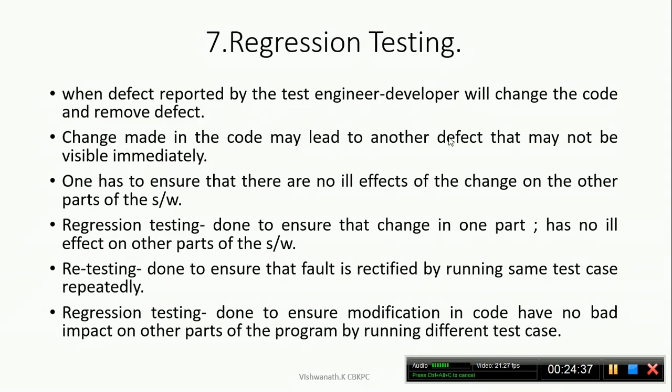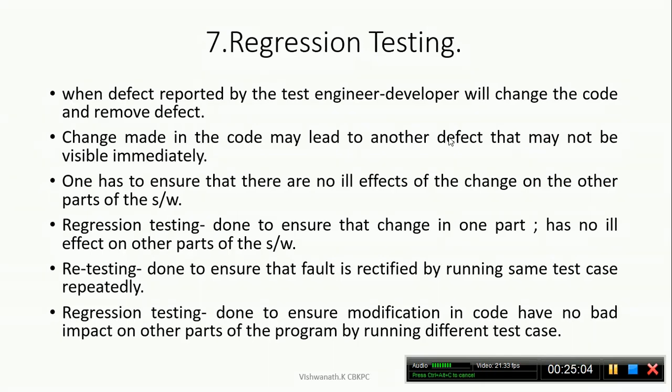Once some part of the code has been modified, in certain cases the modification is going to affect some other part of the module or of the application. That is what we call regression testing.